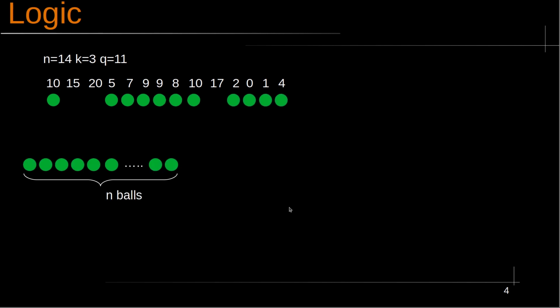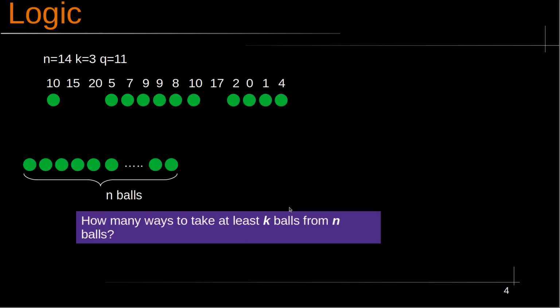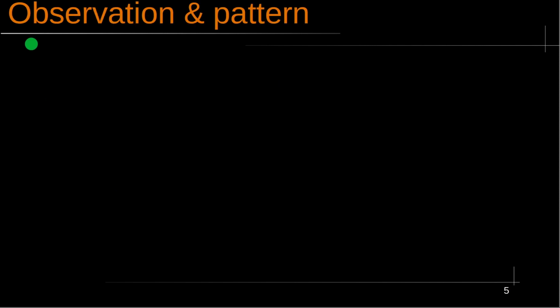Let's reduce the problem to make it simpler. Let's make an observation. For one ball, how many ways to take at least one ball? Of course, the answer is obvious: we have one way.